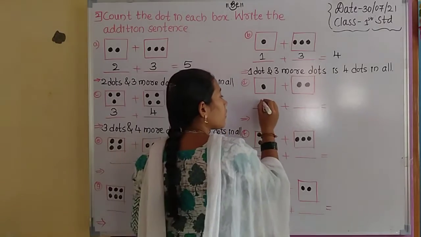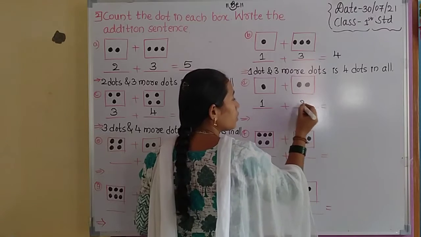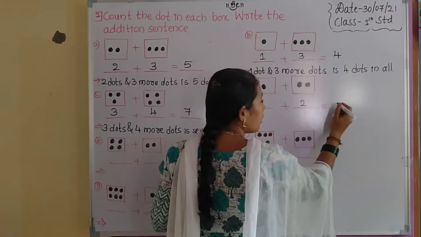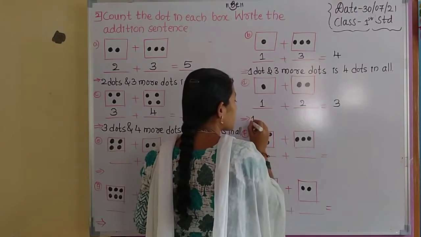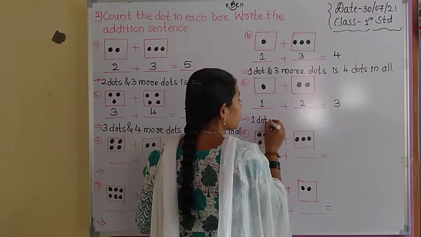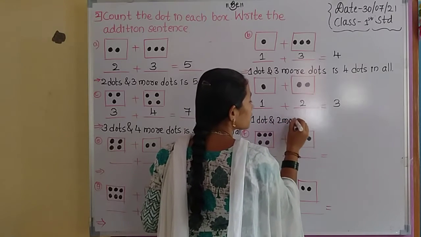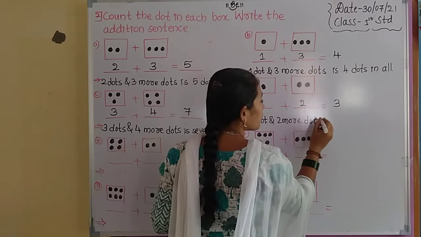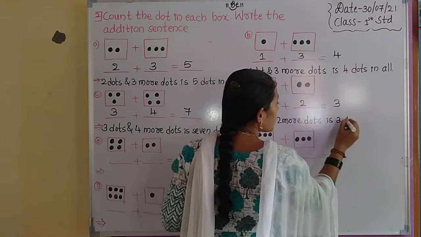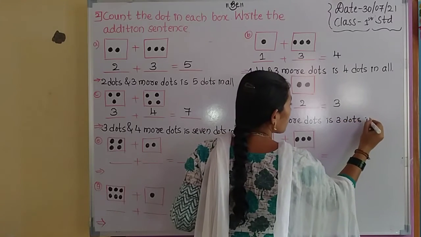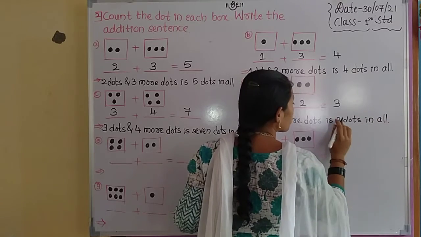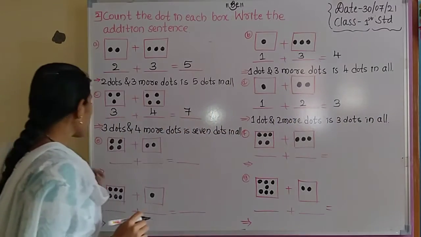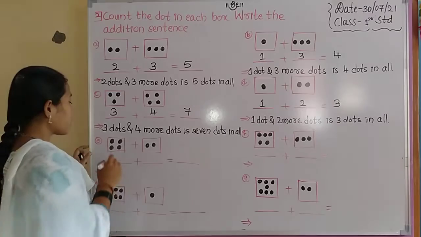Okay, then the next one. Here the first one contains 1 dot, and here 2. 1 plus 2 is equal to, very good, 3. So write the addition sentence: 1 dot and 2 more dots is 3 dots in all. The next one, see, the first box contains how many dots?